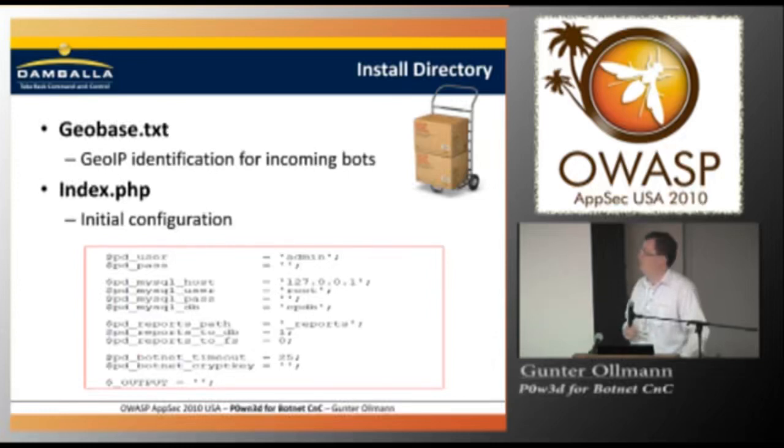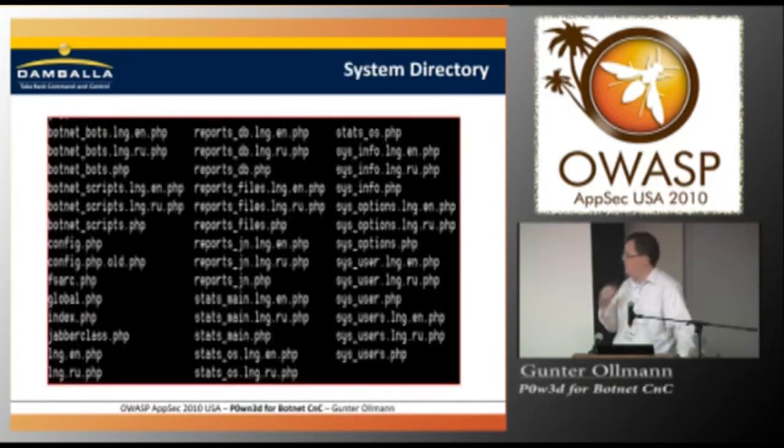It's actually the largest file, 1.5 meg compressed, and this is purely for the way that you manage and allocate activities to your botnet based on GeoIP data. And of course, default configuration files. Snapshot of the system directory, so it installs quite a few different files.